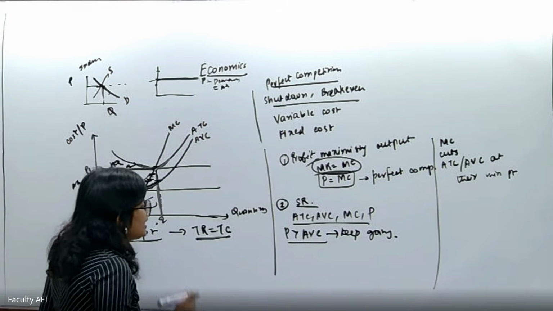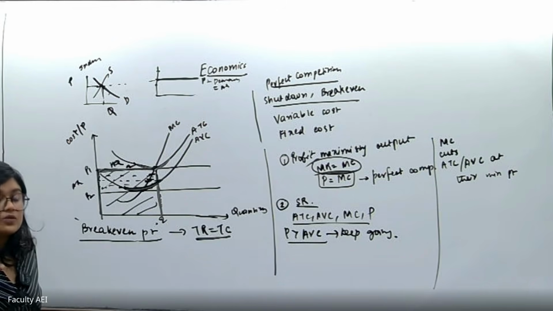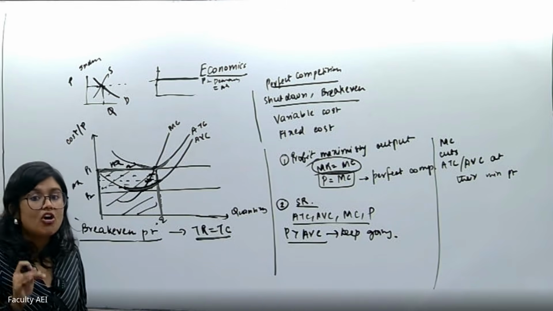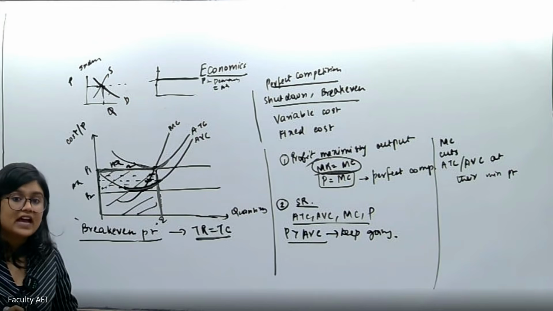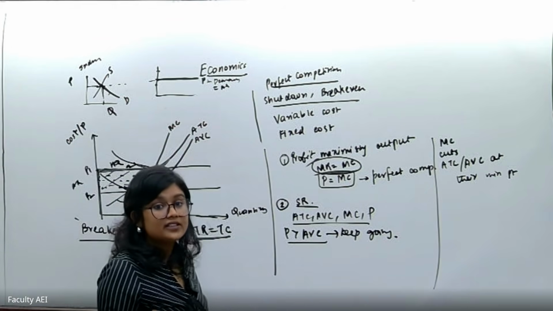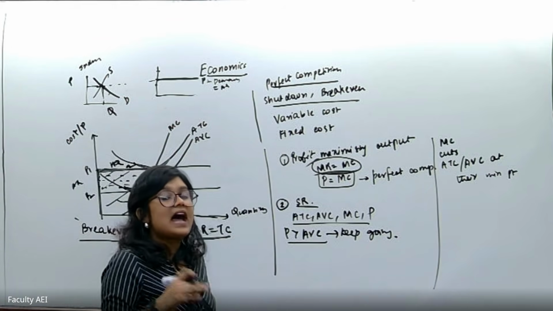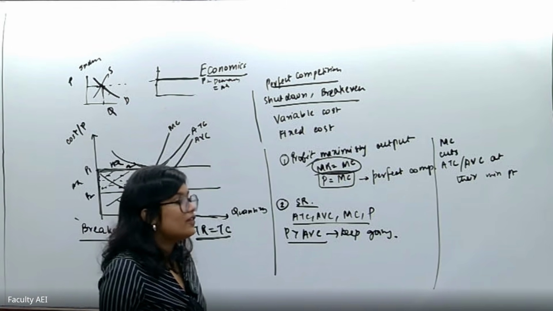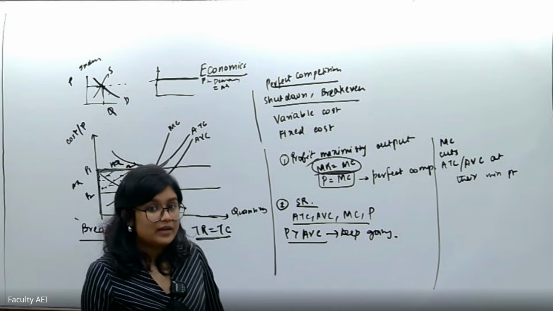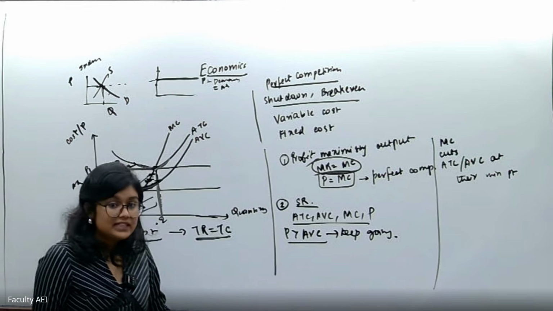Now if I shut down in short run when my price was greater than average variable cost, I still have to bear the average fixed cost, because I still would have to pay the rent. I had a lease of 5 years. So for 5 years, I would still have to pay the rent in such a short span of time. I cannot just break away my lease.